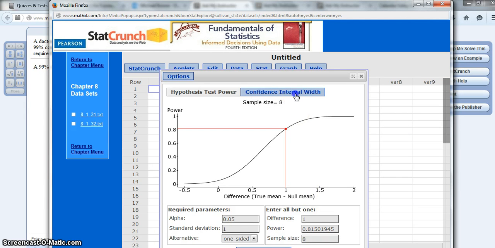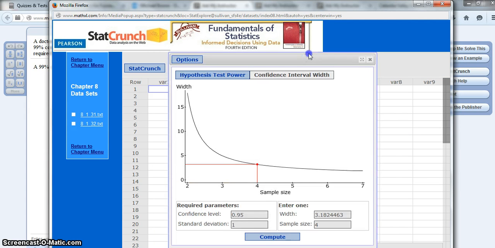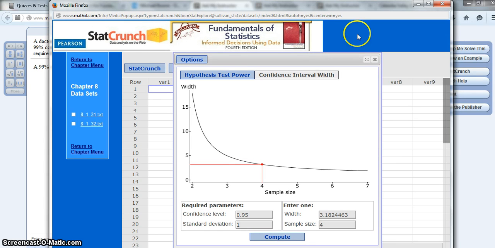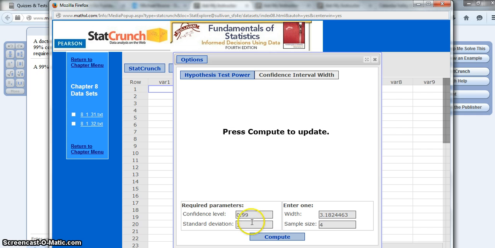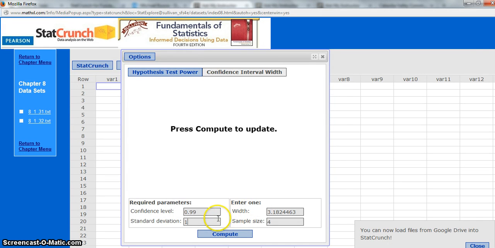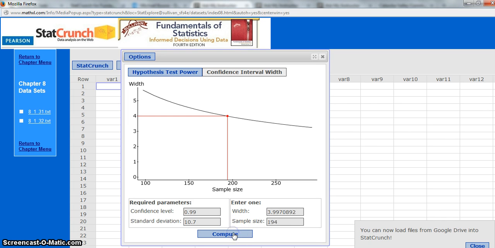So when we go to confidence interval width, we put 99%. Our standard deviation, I believe, was 10.7, and it was within 2 points. So that's plus 2 points, minus 2 points, so that would be a width of 4. And it comes back with a sample size of 194.